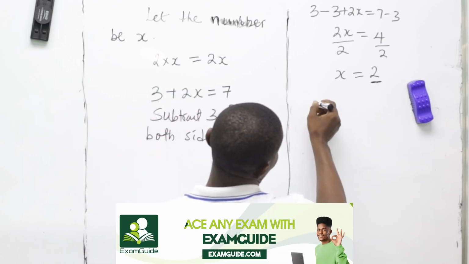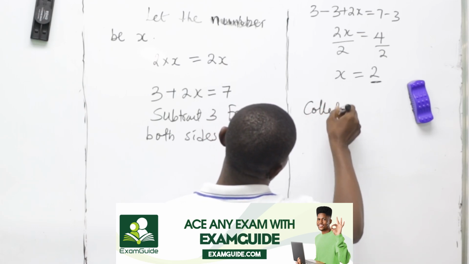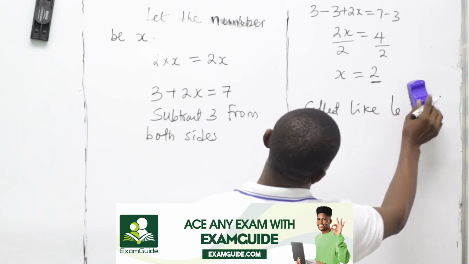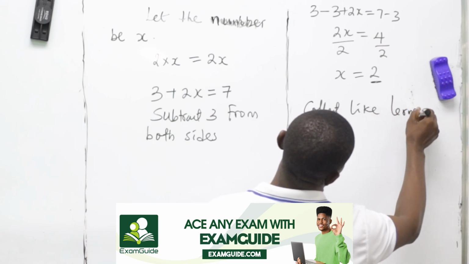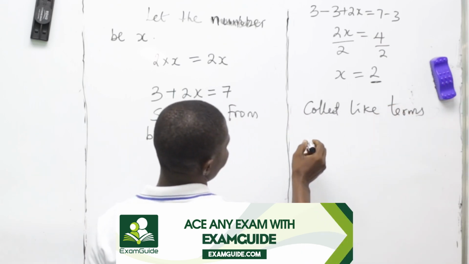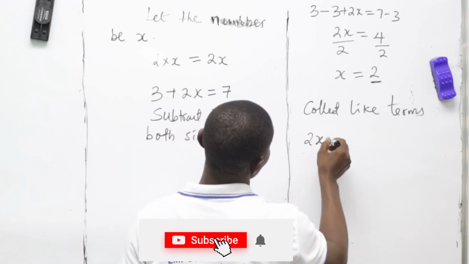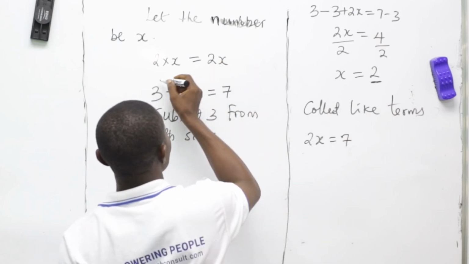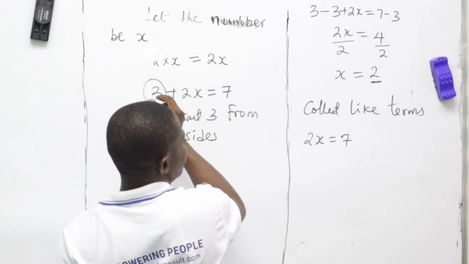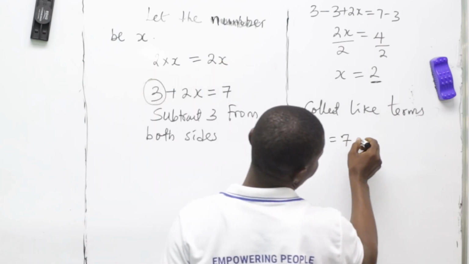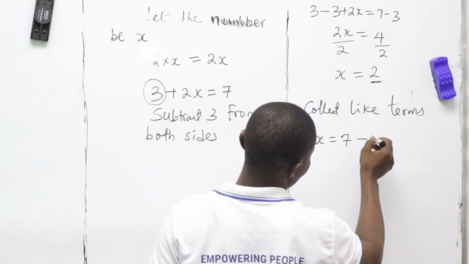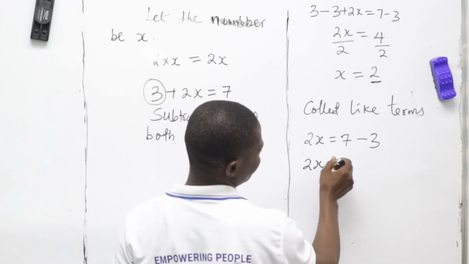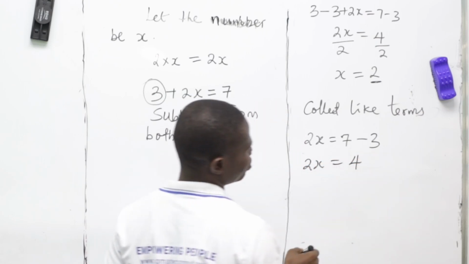Going with the other method, collect like terms, meaning 2x equals 7. Recall that 3 is under plus. So when you transfer, it crosses sign of equality, becomes what? Minus 3. So 2x now equals 4.